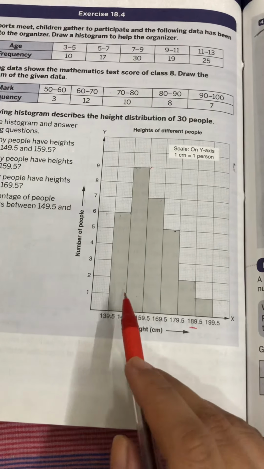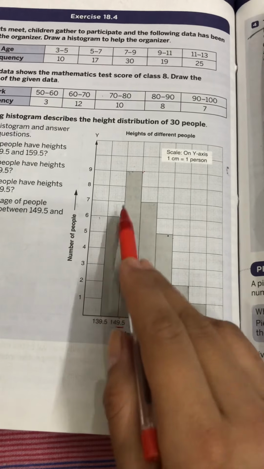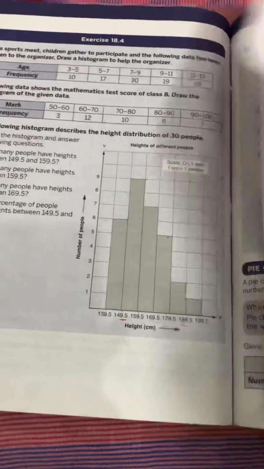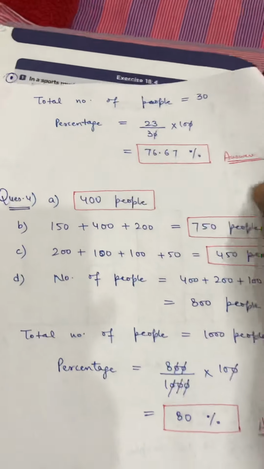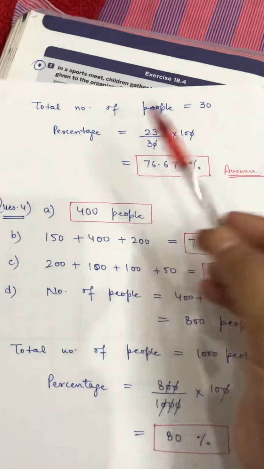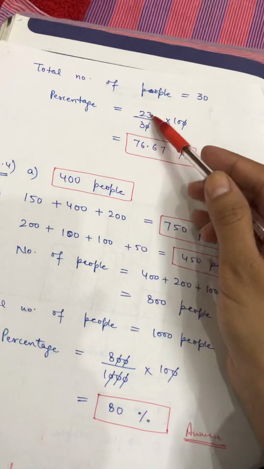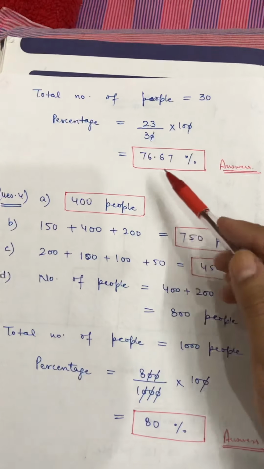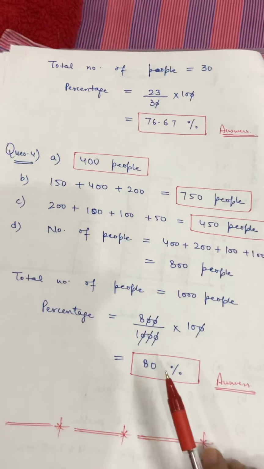The total number of people is 6 plus 9 plus 7 plus 5 plus 2 plus 1, so the total is 30. The percentage will be number of people divided by total number of people multiplied by 100, so the percentage will be 76.67%.